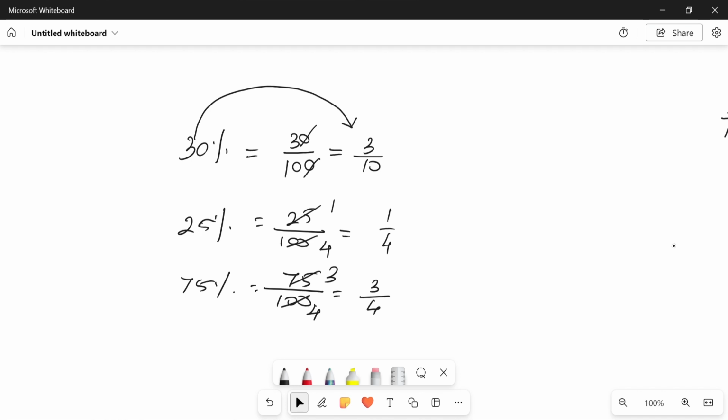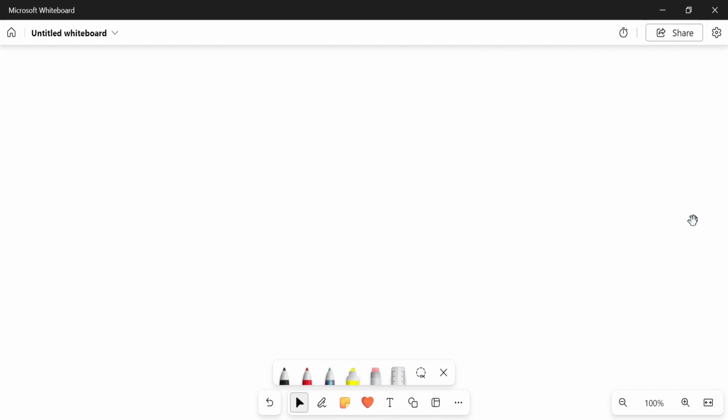Okay, now let's see how we are finding a particular amount of a certain percentage. Now, for example, a person gets, say, 50,000 rupees as salary.